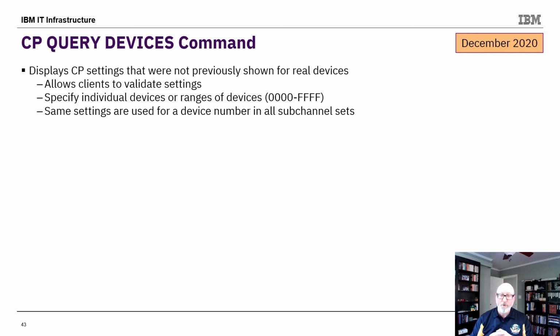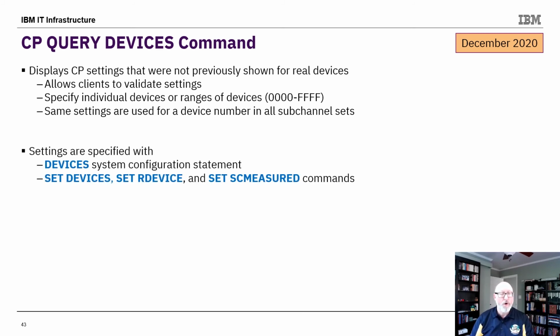And so unless you caught like an error message or remembered exactly what you had done, there wasn't a way to check it out, right? And so this introduces that, right? So whether it be a DEVICES statement in the configuration file or one of the various SET commands that did it, we now give you information about that.